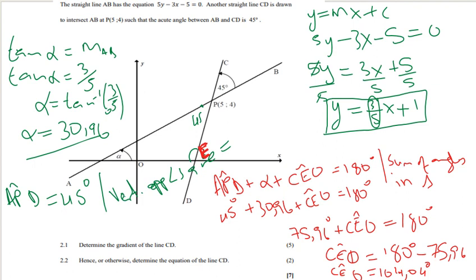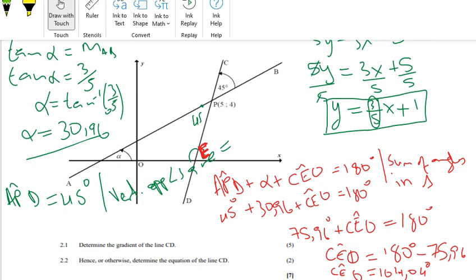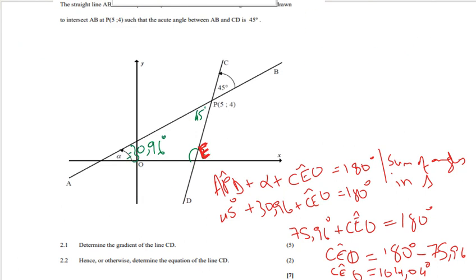Now this angle, we know this angle is equal to what? Let me quickly erase. Okay, everybody, now we have this. This is 104. Remember, we are looking for the gradient of CD. Now we can jump straight to our formula and say tan CEO is equal to the gradient of CD.